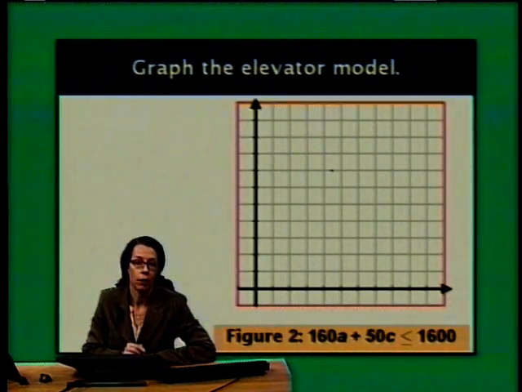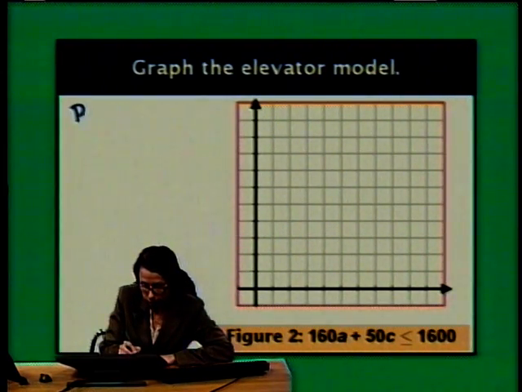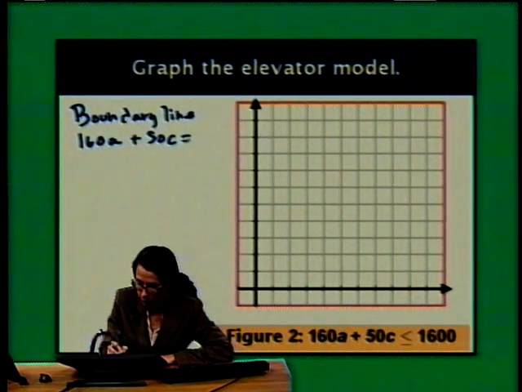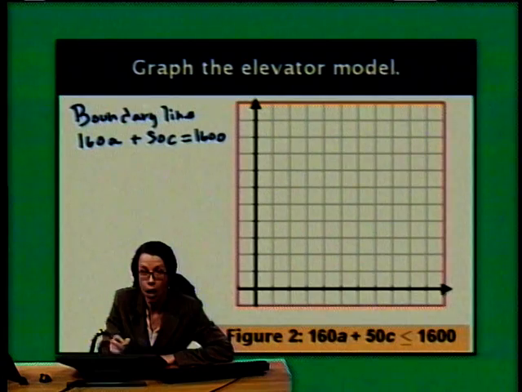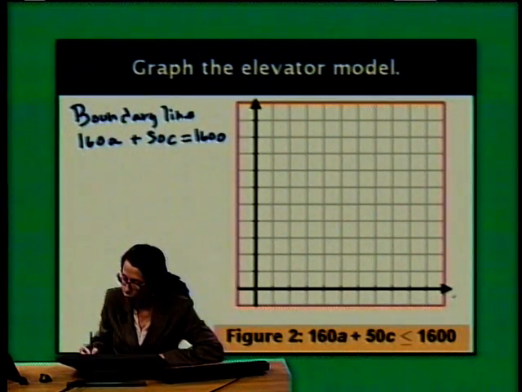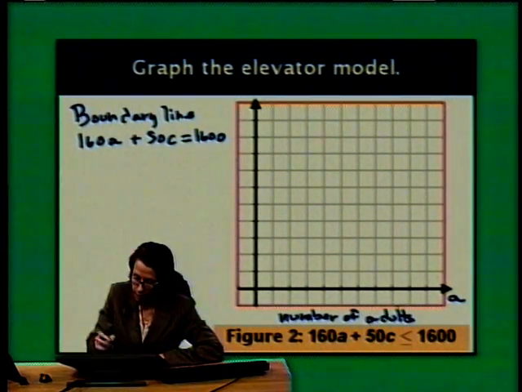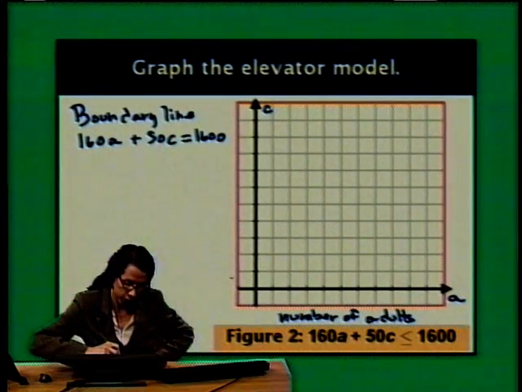So here I need to, again, graph the boundary line. And the boundary line is the equation 160A + 50C = 1600. I'm going to choose to put the number of adults on the horizontal axis and the number of children on the vertical axis.